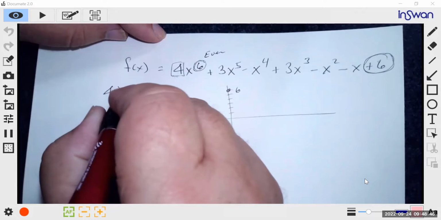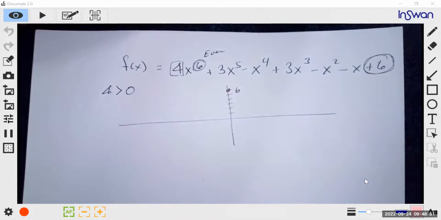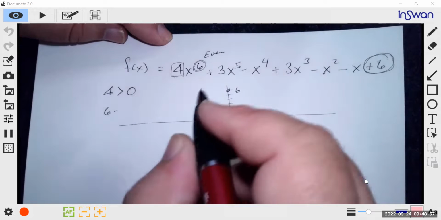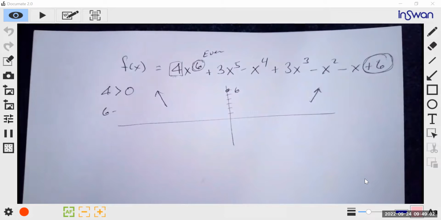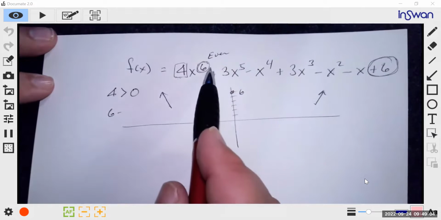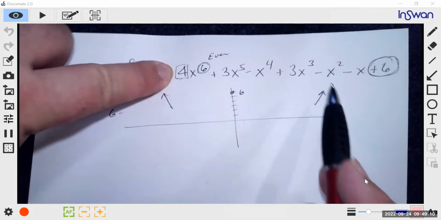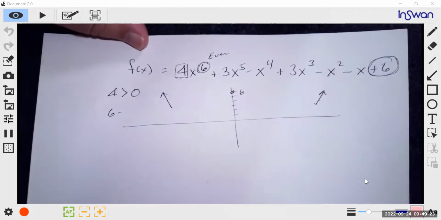The leading coefficient is positive and the degree is even, so what does that mean? Both ends will point up. Because since the degree is even, they point the same direction, and since the coefficient is positive, it points up. If it was negative, it would point down below the x-axis. At most, how many x-intercepts?